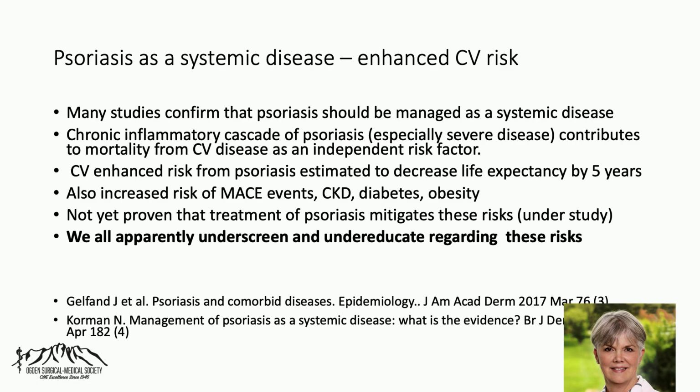Some studies have shown that the life expectancy might be lowered by as much as 5 years in a patient with untreated active psoriasis. What we don't know yet is whether or not treatment will mitigate that risk entirely.